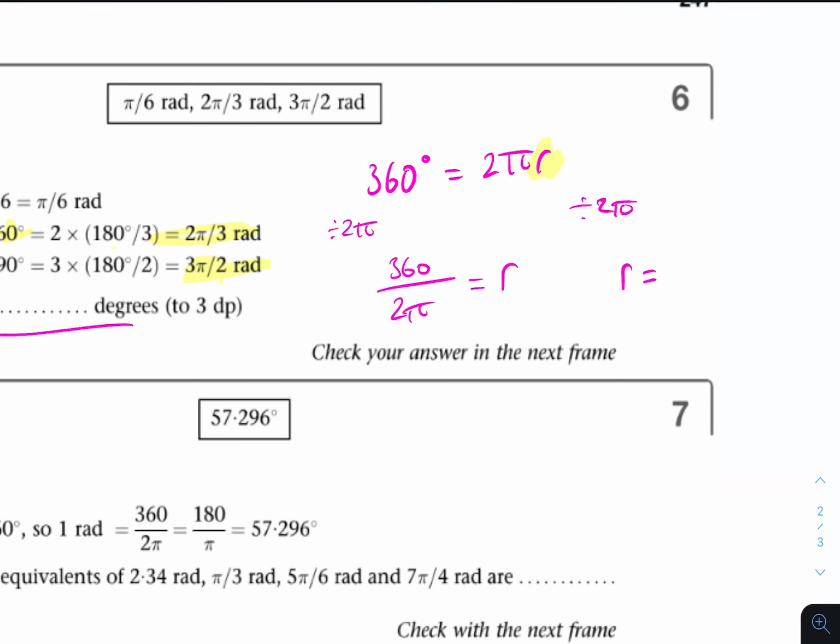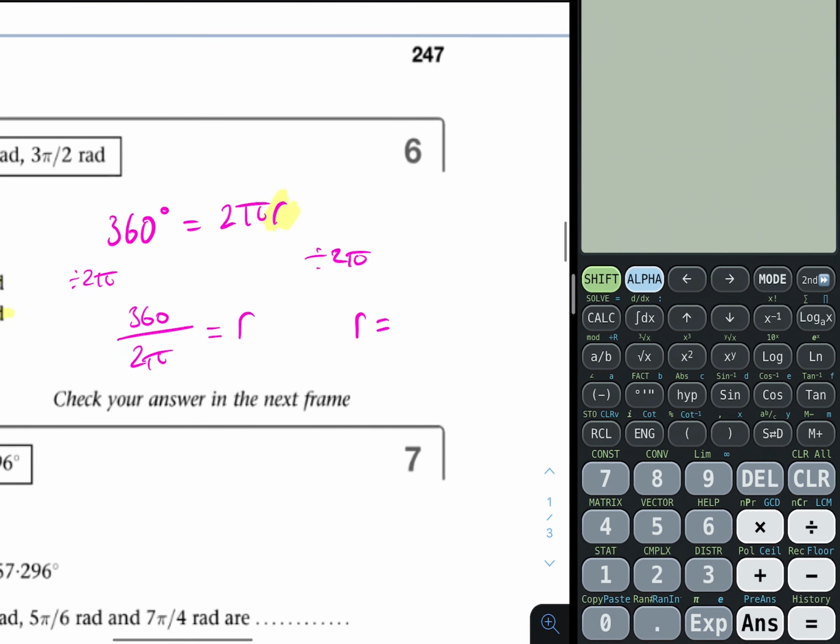R is equal to 360 divided by 2 pi, which is equal to 57.2957.